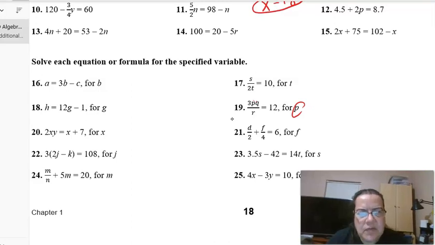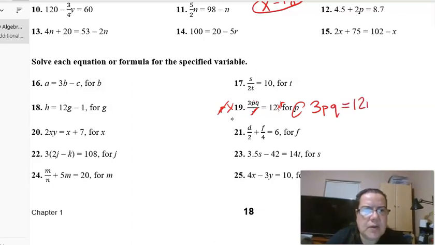The way to get rid of it is, remember, whatever I do to the left side, I do to the right. What happens if I multiply both sides by r? So this is not x, this is like a multiplication that you're used to, but just for demonstration purposes. See, if you multiply the left by r, you have r on top of r. Those cancel, so I end up with 3pq is equal to 12 times r is 12r.